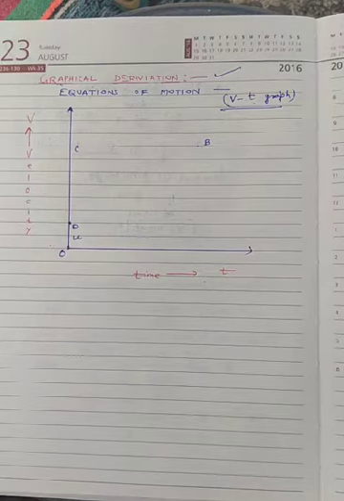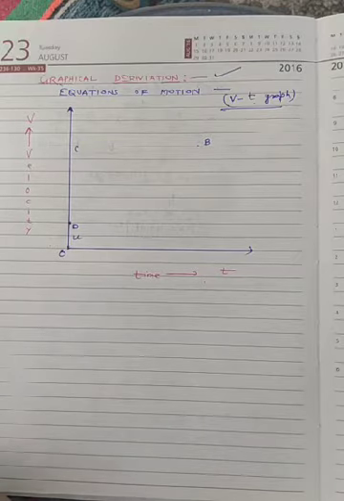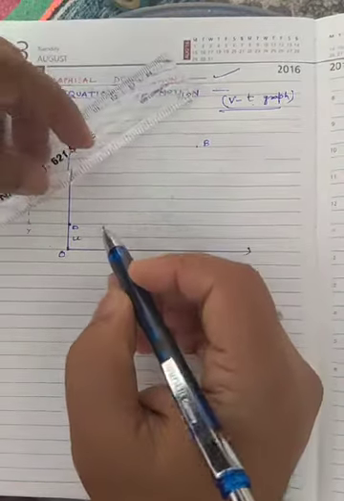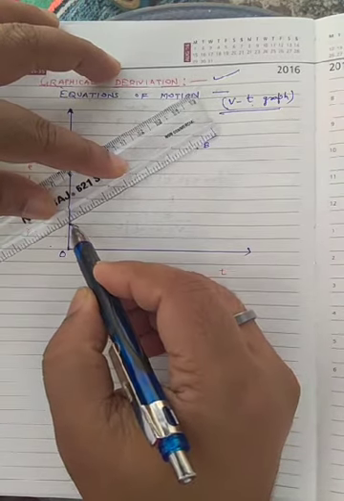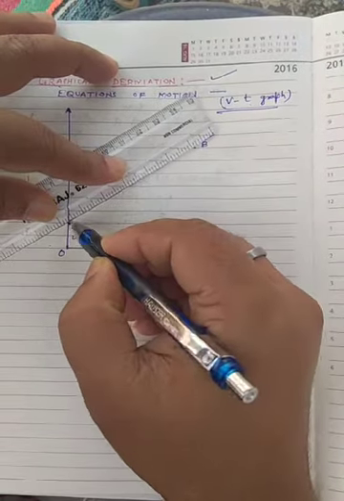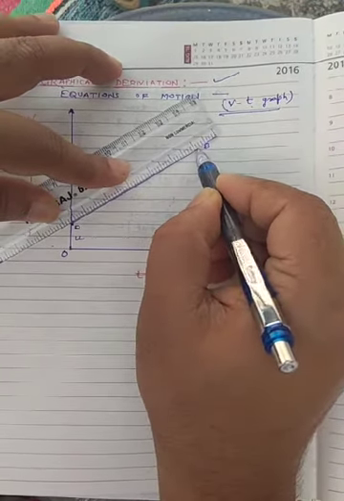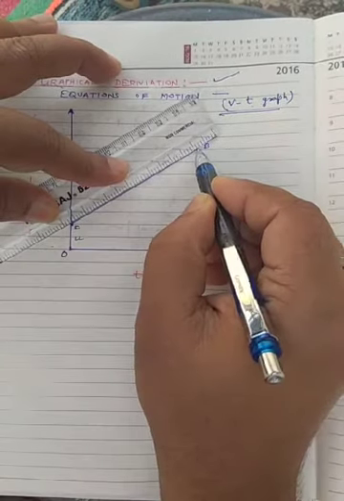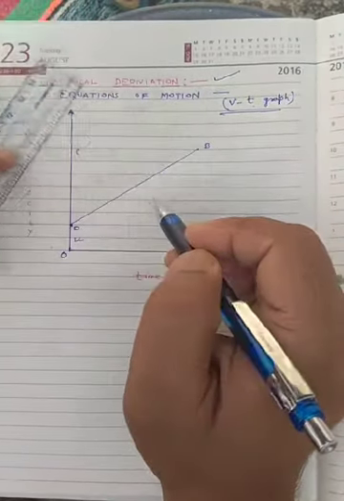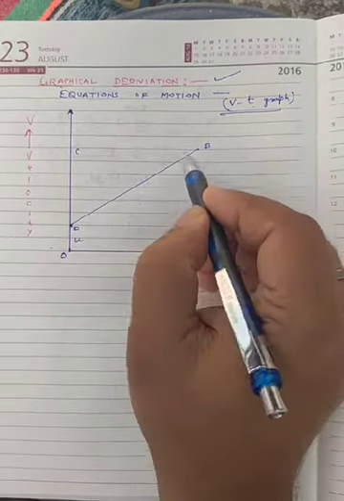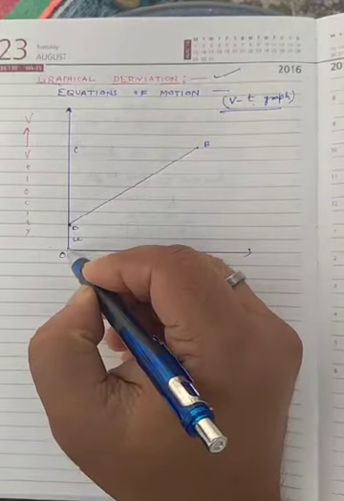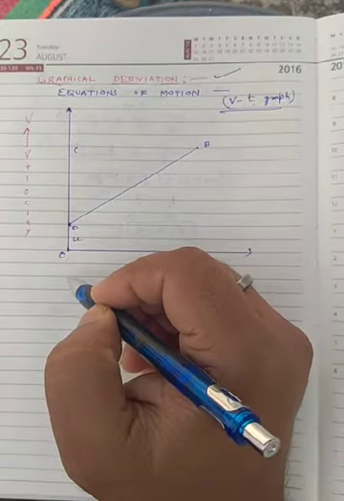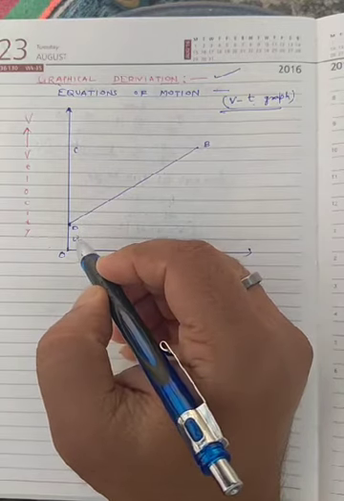D, from this point D, the object will start changing its velocity, and after time t reaches the point B, from D to B. Up to this level we had an initial velocity of the body, which is u meter per second.